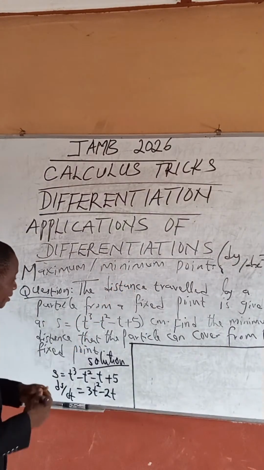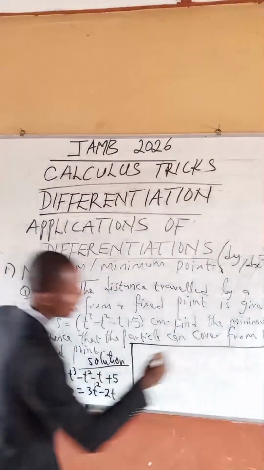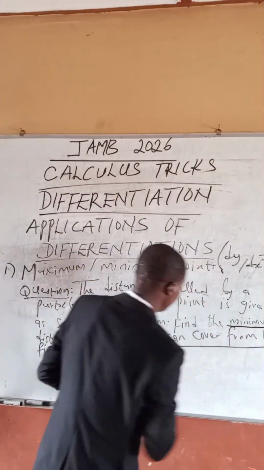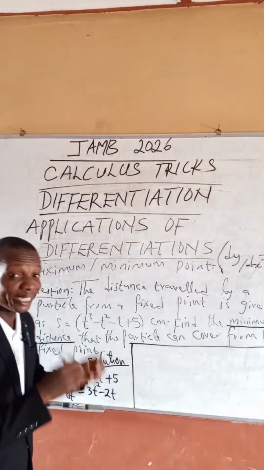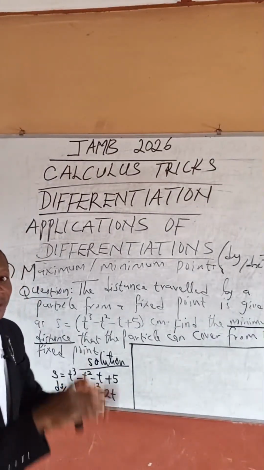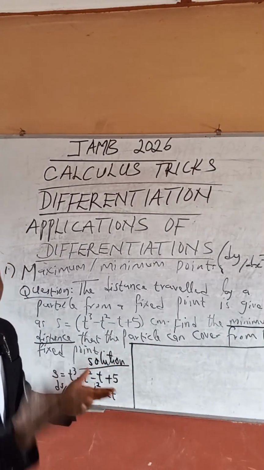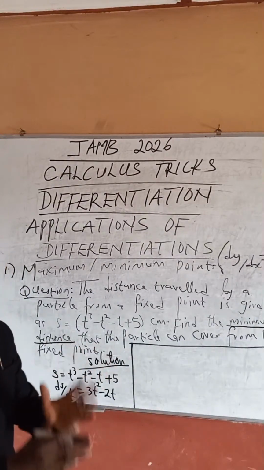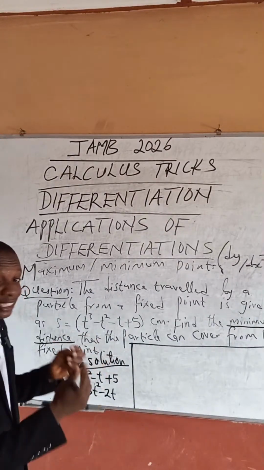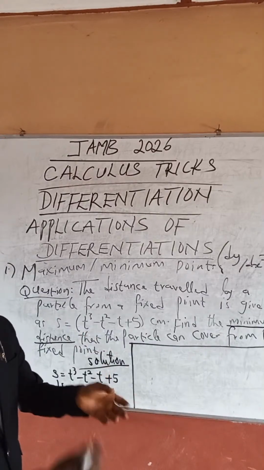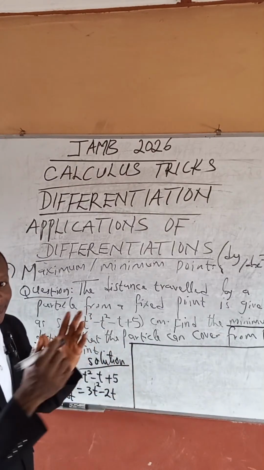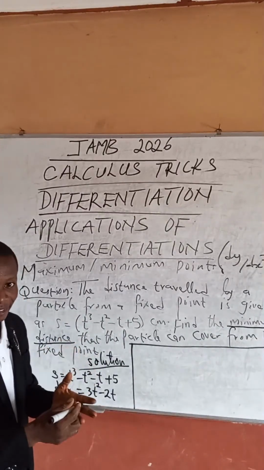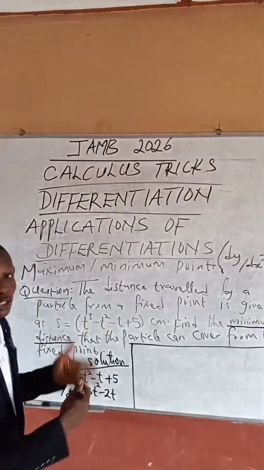But this is minimum distance. Minimum distance is obtained when the speed is 0, or when the velocity is 0, because speed is the rate of change of distance with time. But if there's no change in distance, it means you are not going to have minimum distance, because velocity or speed is 0.